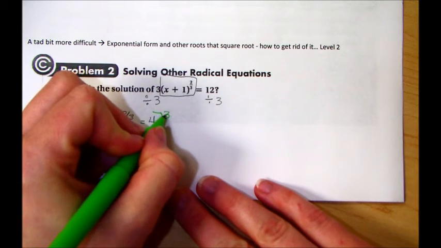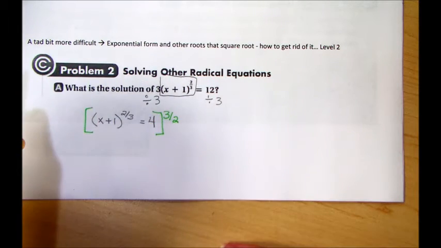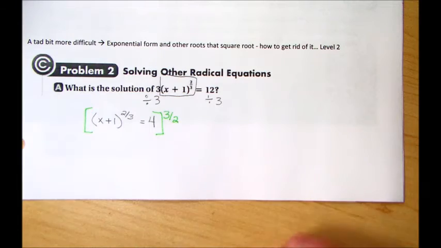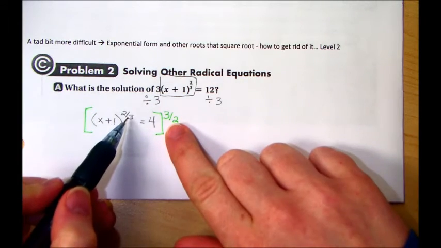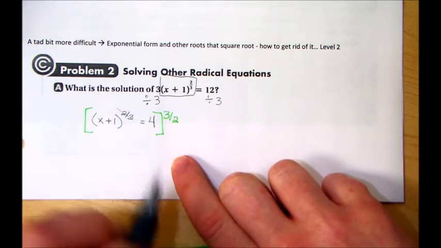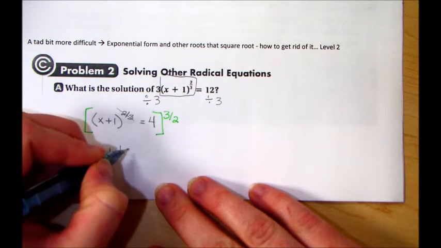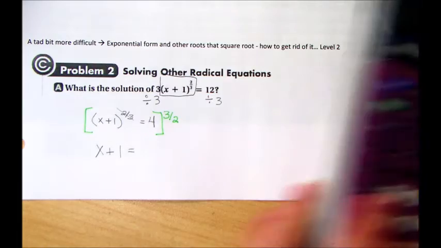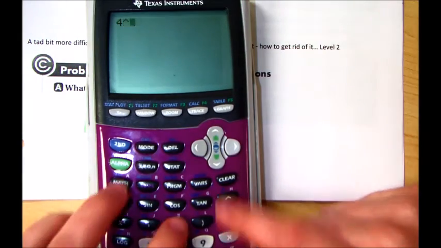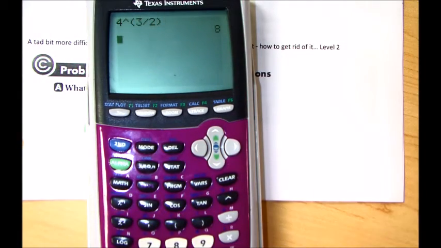So I need to take it to the 3/2 power. Now, when I take x plus 1 to the 3/2 power, that loses this 2/3 power, or essentially it turns to 1, and you get x plus 1 equals, when you take 4 to the 3/2 power, you will get 8.